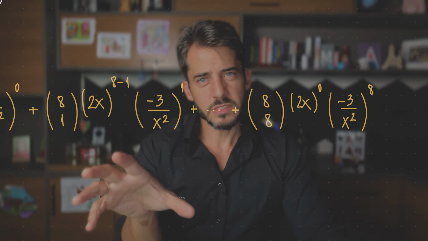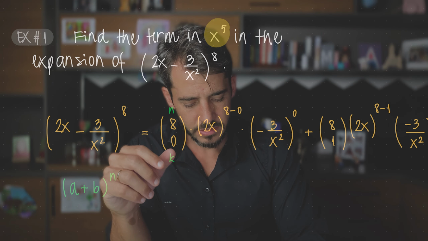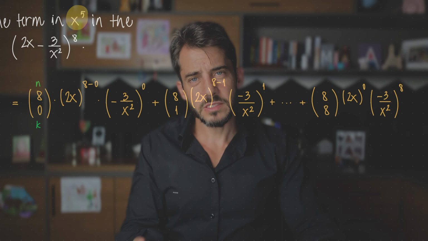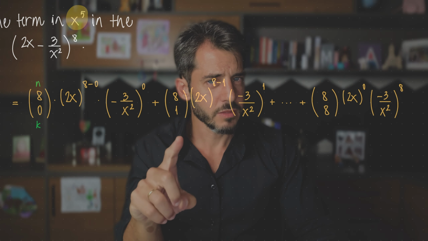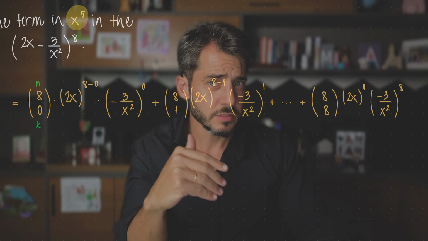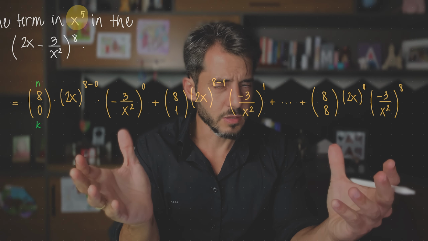Now, one of these terms will have x to the fifth in it, but what is that term? In this case, we can see more clearly because it's already showing up, but I'll teach you a method in which you can find it through an algebraic process which keeps you from expanding the whole thing.